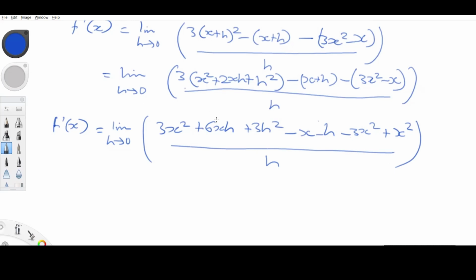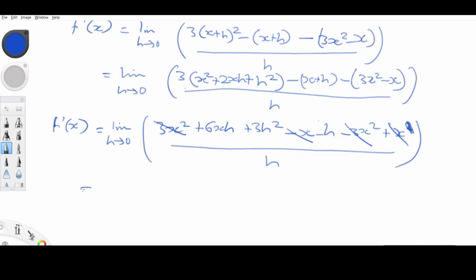Now in the next step, we can see how some of the values cancel each other, right? So 3x squared can cancel minus 3x squared. And we have minus x that can also cancel. Sorry, this was originally supposed to be x here.